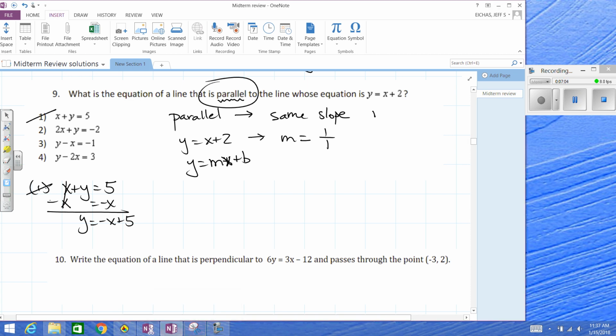Choice 1's out. Okay. Choice 2 isn't looking good either. All right, I'll play the game a little bit and show the work. I want y by itself, so subtract 2x from both sides. Y equals negative 2x minus 2. Slope's still not 1. Get rid of that one.